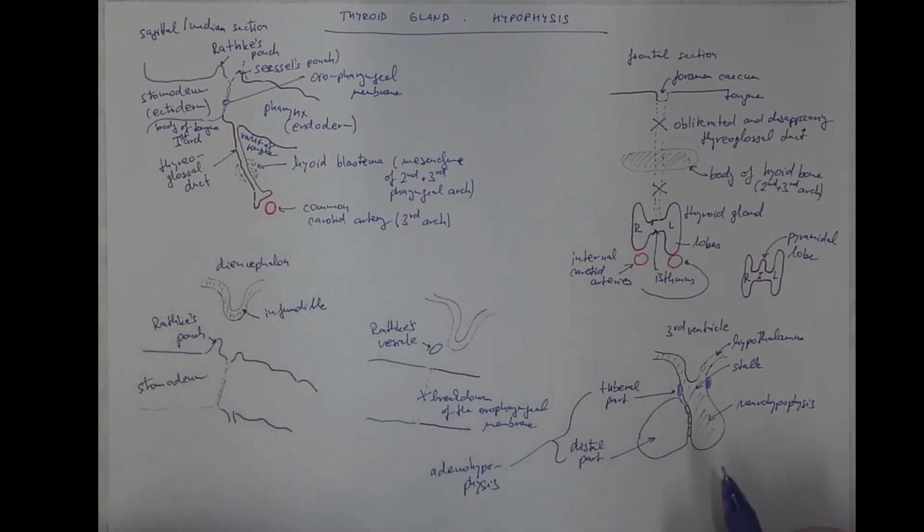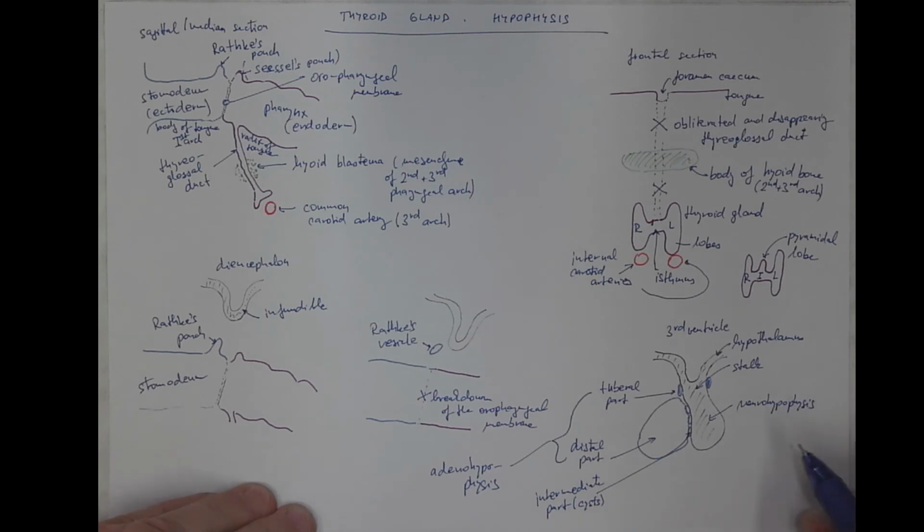And there is the intermediate part and the contact that might contain small cavities lined with epithelium. We call these cysts.